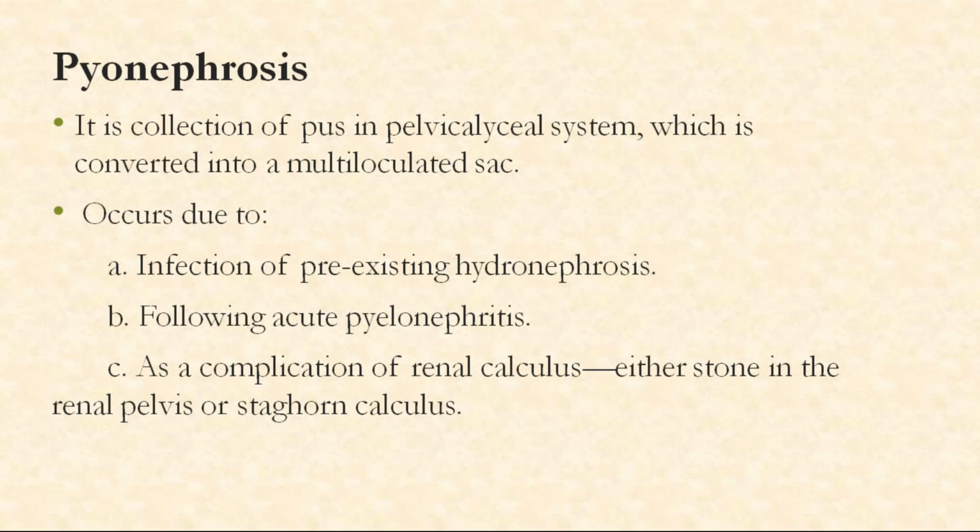Staghorn calculus means the entire kidney, all the renal papillae, is studded with stone. So these are the common causes: pre-existing infection of hydronephrosis, acute pyelonephritis, or renal calculi, which may lead to the formation of pus in the kidney.